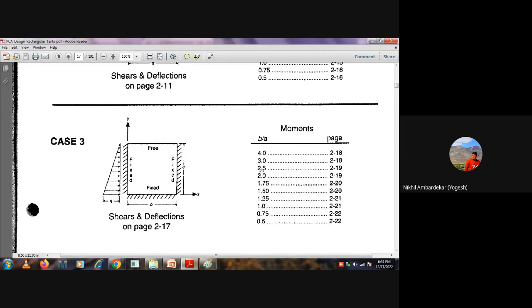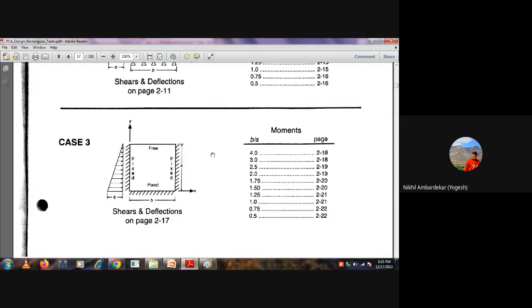If you don't want to interpolate, definitely you can interpolate up to the exact value, but it will take some time. That's why I recommend, even though it is 2.1 or 2.05, just go with 2.5. And now for 2.5, we can directly go to page number 219.